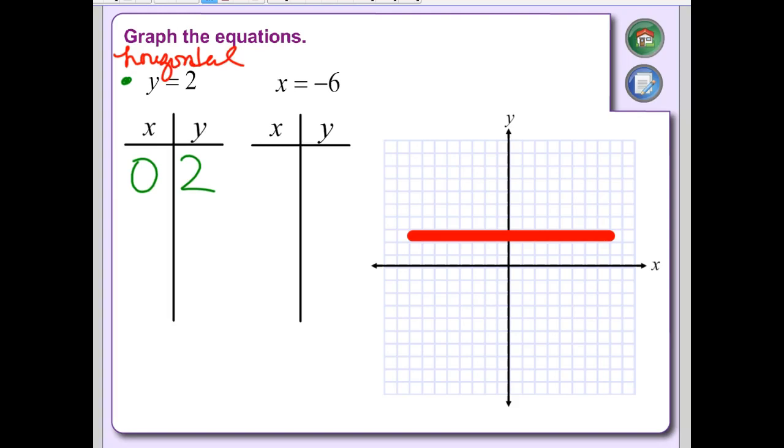And I think you need to memorize that. Now we'll talk a little bit more later in the week about why it is, when we start talking about slope. But if all I have is y equals some number, then I have a horizontal line.